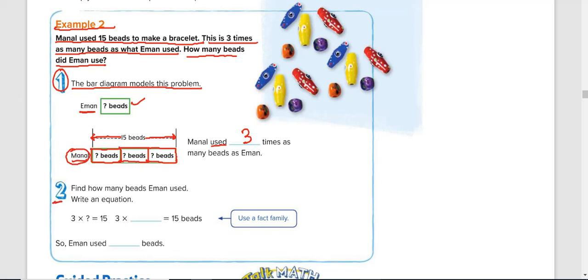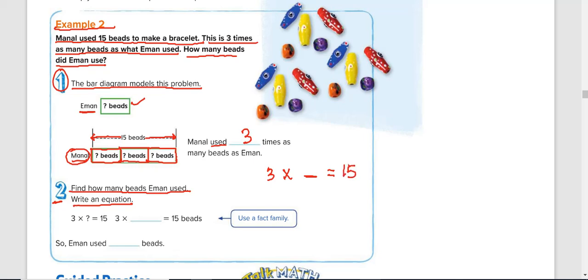So step 2. Find how many beads Iman used. Write an equation. Quite easy to do. Since it is 3 times, we don't know what we have here, but we know that the total number of beads used by Mana is 15.